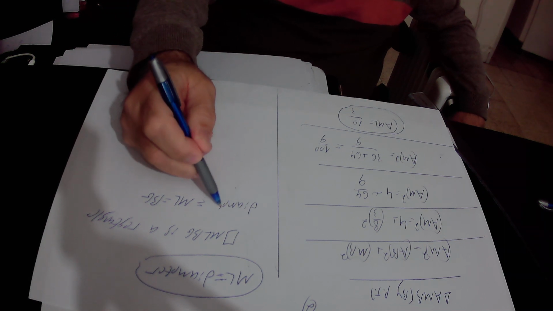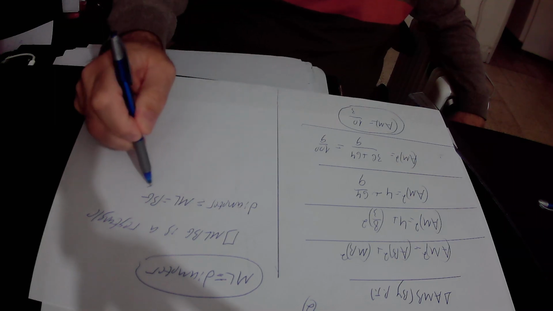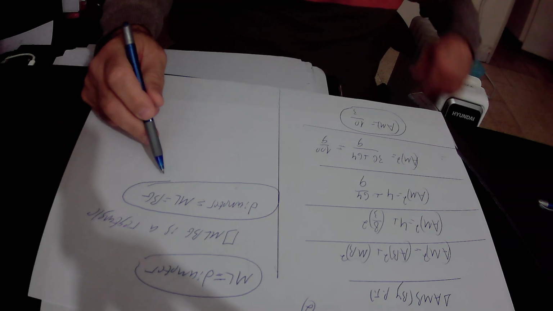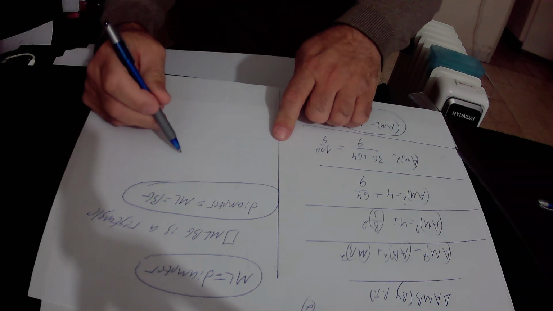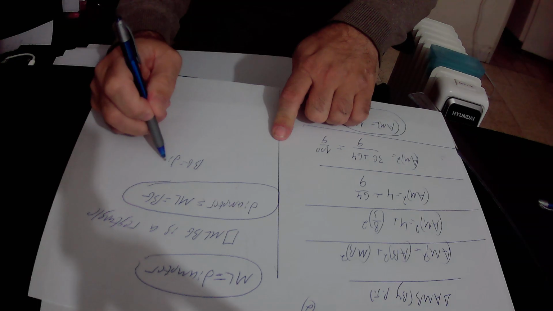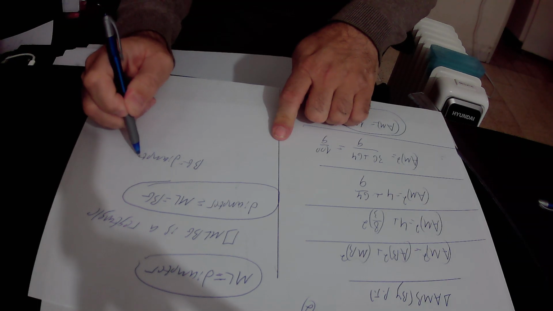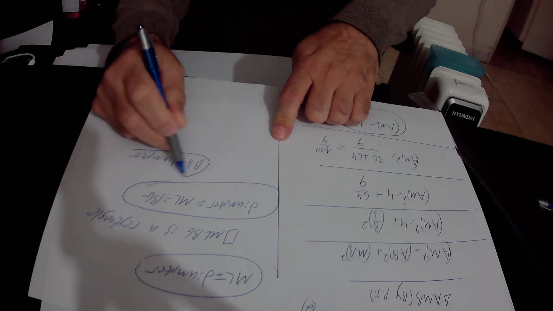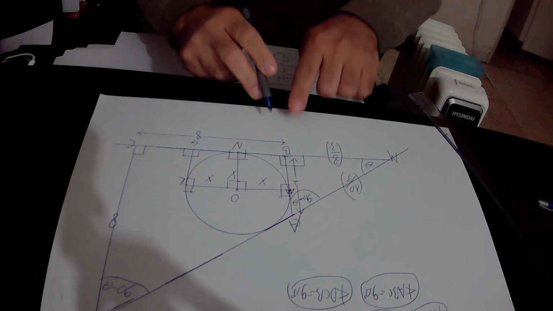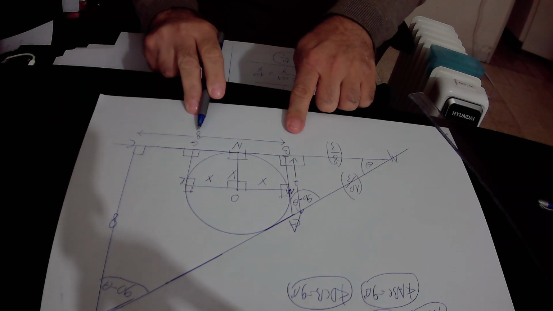ML is the diameter, and from this equation BG equals ML equals the diameter, we will derive that BG is also the diameter of the circle. Here BG is the diameter of the circle.